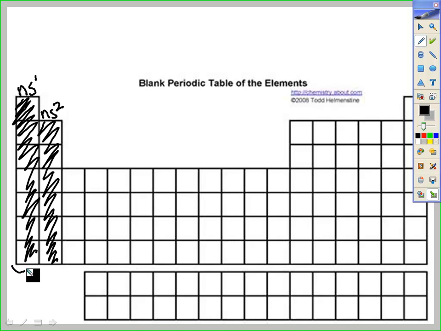So that represents what we call the S block. That should be in your notes. If not, go ahead and draw it in.